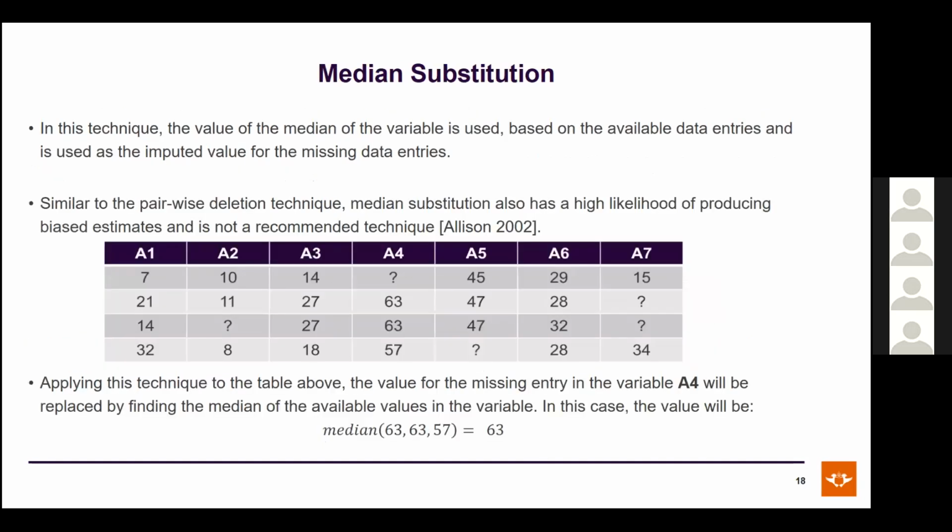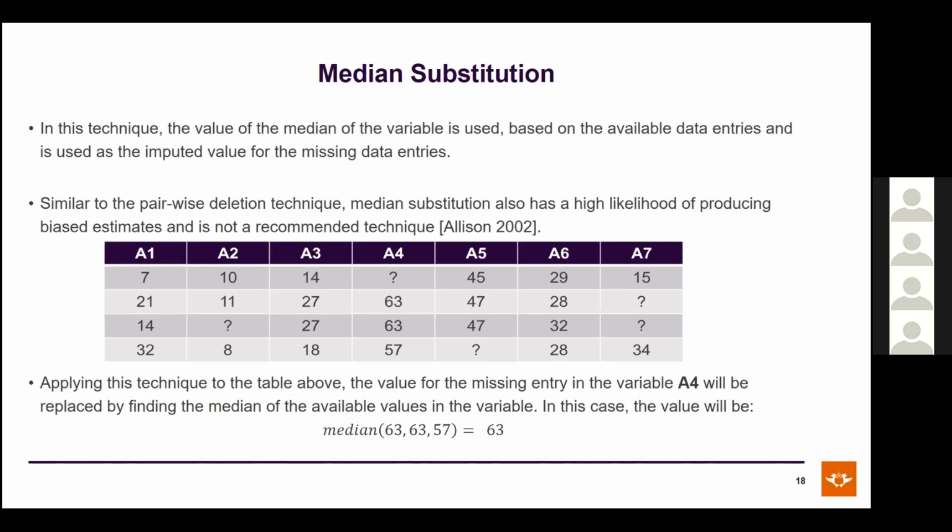Next we're going to look at the median, which is another one that has been used. So there's mean substitution, median substitution, and on very rare occasions, there's actually been mode. Median substitution basically uses the median of the available variable entries as the value of the missing information.